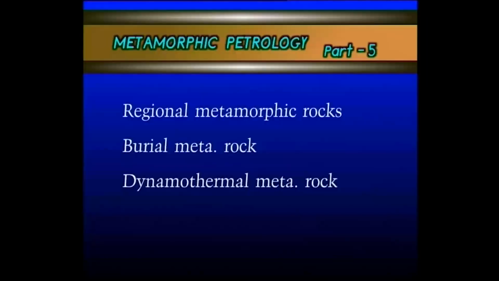Regional metamorphism may be of 2 types: burial metamorphism as well as regional dynamothermal metamorphism. In burial metamorphism, the pressure is almost uniform and temperature is nearly 200 to 400 degrees centigrade, and normally zeolite facies rock forms.